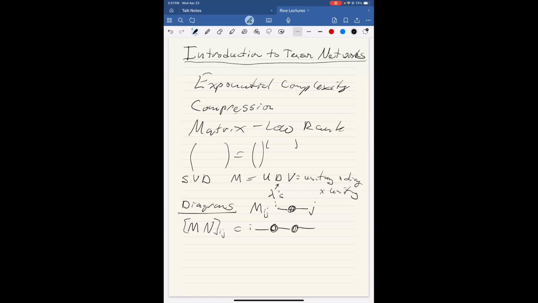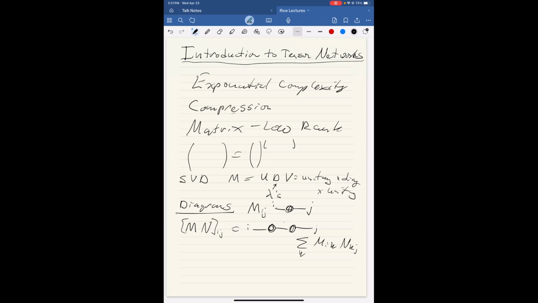And of course, the summation for this is the sum over k of M_ik N_kj. So you can see that there's an internal link, which is k, and k gets summed over. It's a dummy variable, so we don't care about it, and there's no point in putting it in our diagram. So it gives you a nice notation for matrix multiplies.